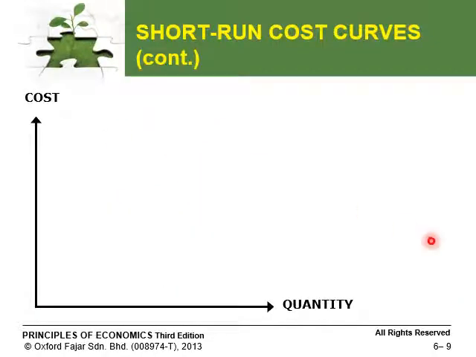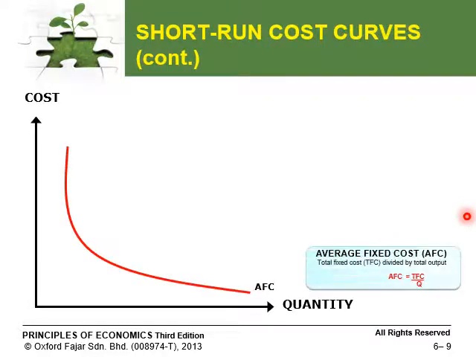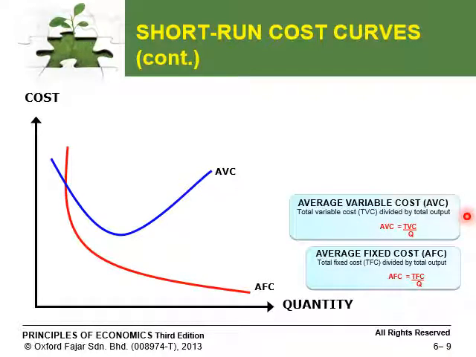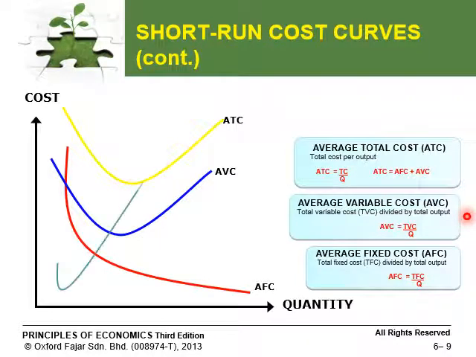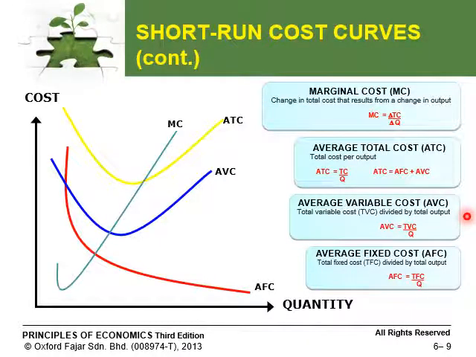Okay, right now, if a short run cost curve involves the average value, where all the costs you divide by the quantity, right? So how does it look when you make it an average value? As for average fixed cost, the curve will be shaped bending to the lower part, going down like this in the red color, because of the fixed amount of its value at every level of output.